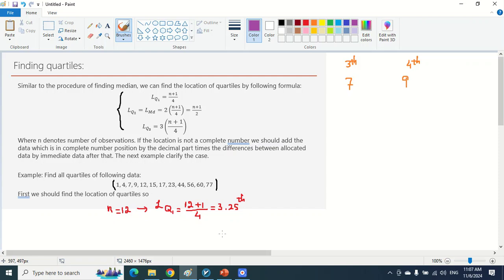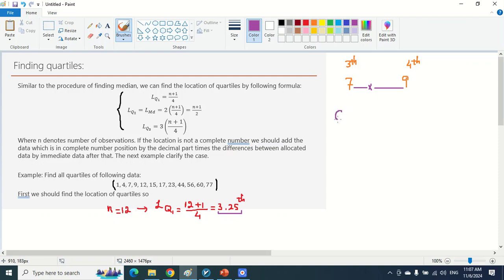The location that we found is 3.25, which means the value of the first quartile is between the third and fourth locations, 25% of the way, so it should be closer to 7 than to 9.